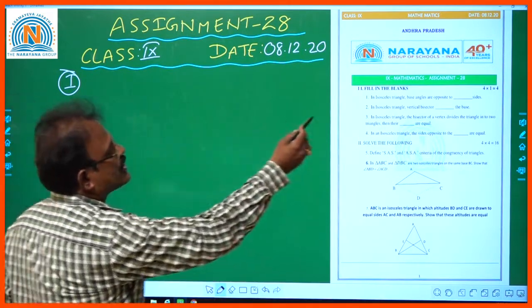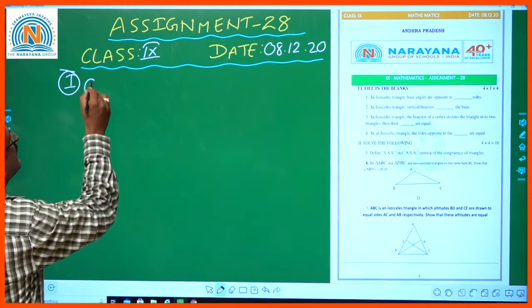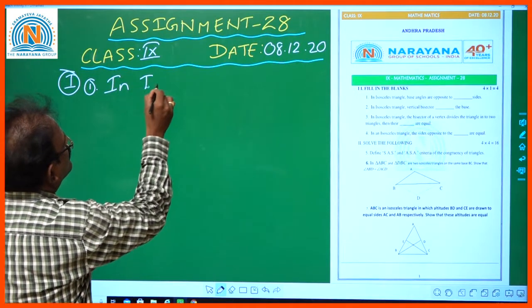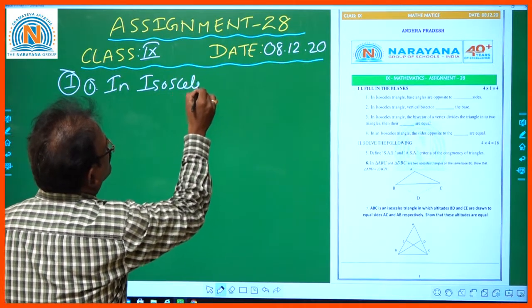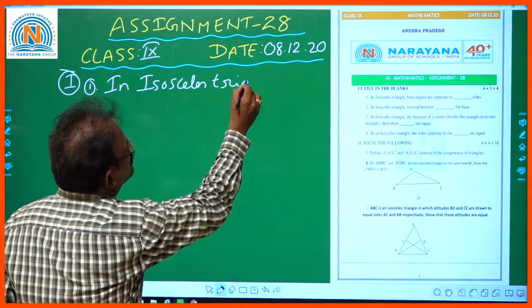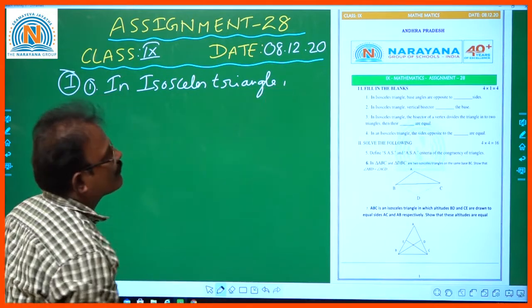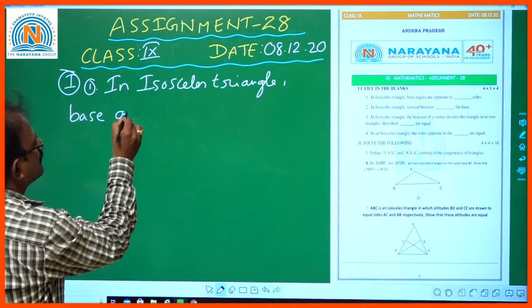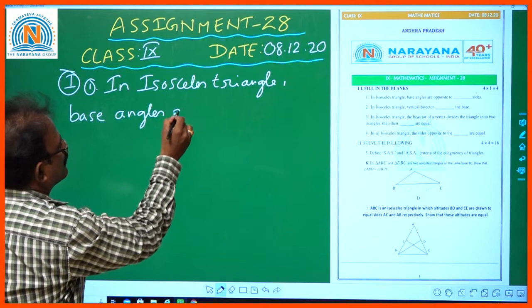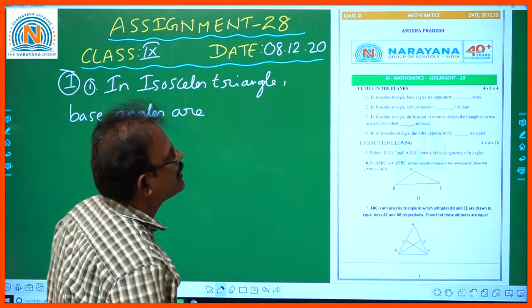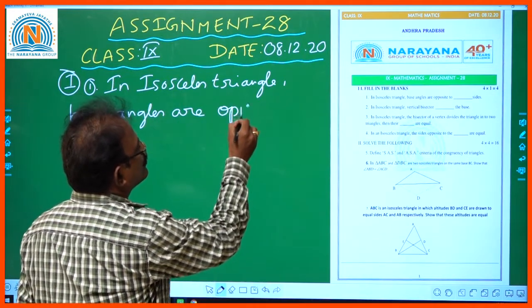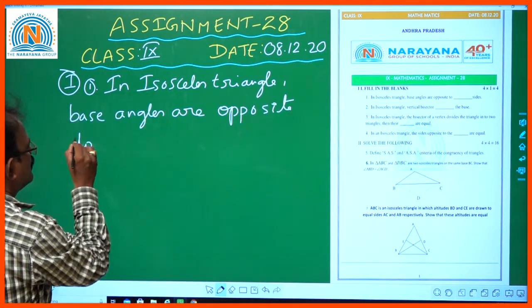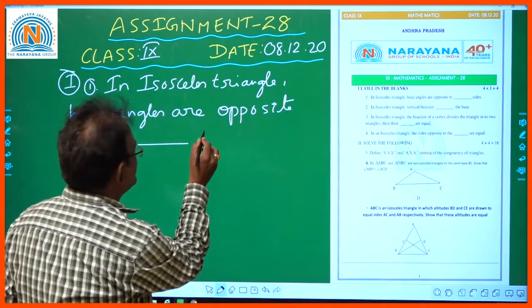First one, of the first Roman: in an isosceles triangle, base angles are opposite to dash sides.